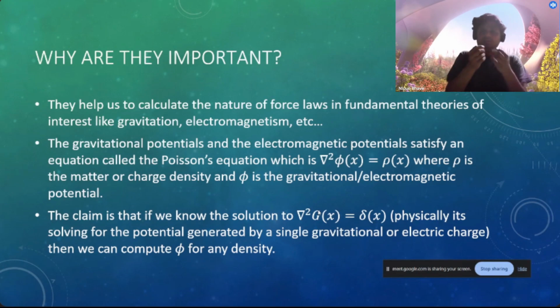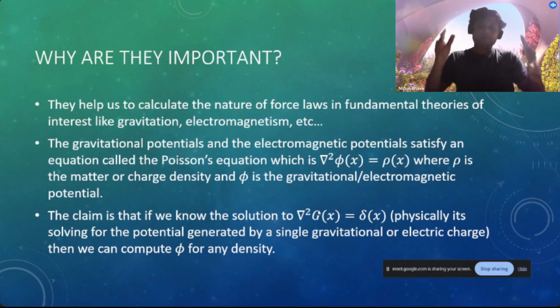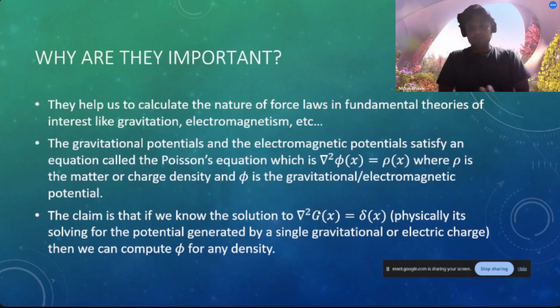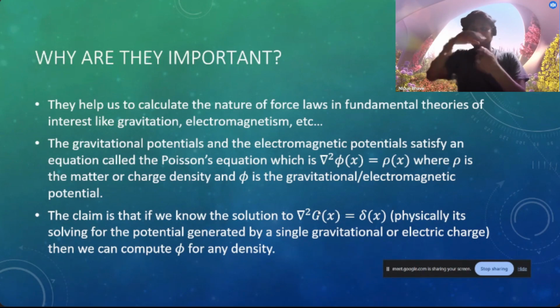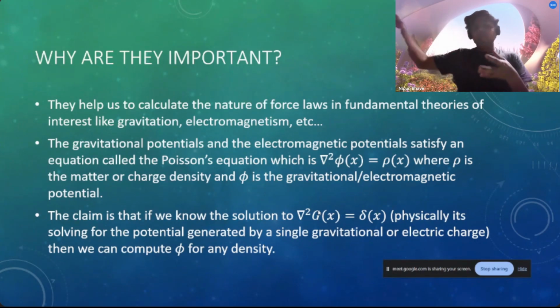So you just find the potential due to this point mass or point charge, and then you can find it for arbitrarily extended, charged or massive bodies, because you can sum over contributions of those infinitesimal charges or masses over that entire body, and you will get the net potential generated by this extended object.